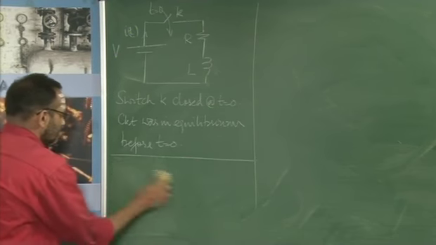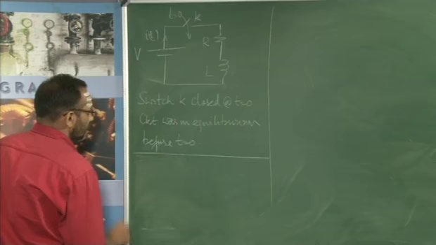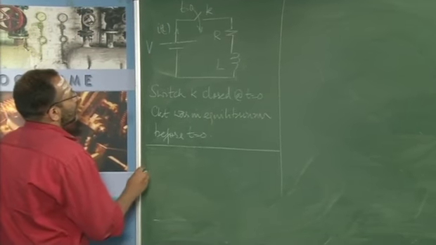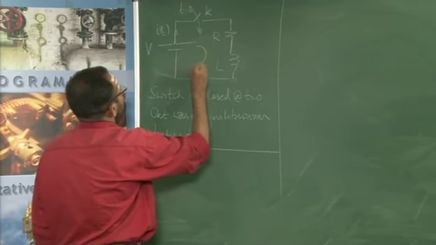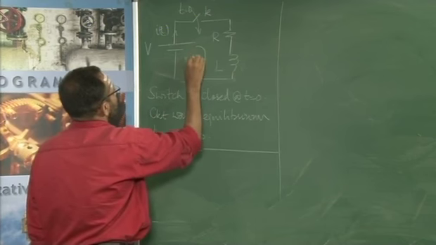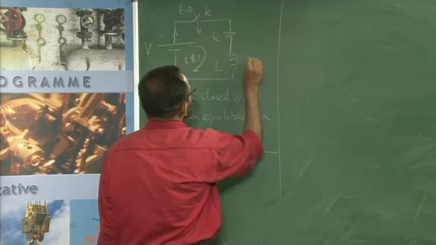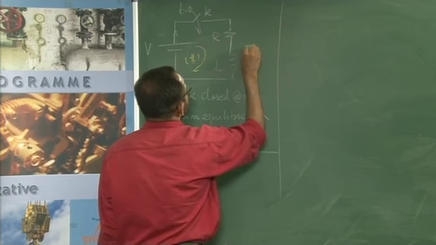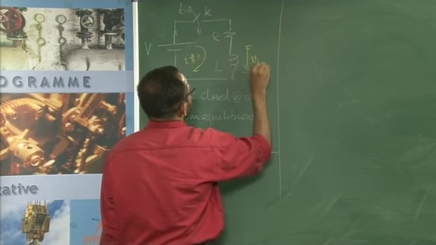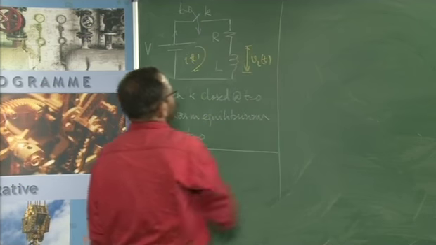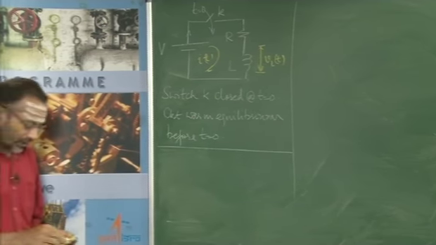From the exercises through the initial conditions, you know that. Okay. Now, let us put the initial conditions and then proceed. You know that this current is the same as this current. So, I am going to write it as I of t. Now, please observe, I am not going to mark this V of t or VL of t with arrowheads on both sides. If I do that, I do not even know how to write the equations.